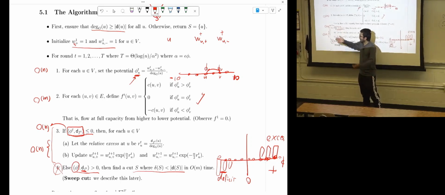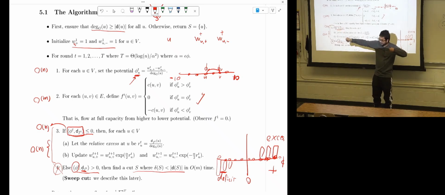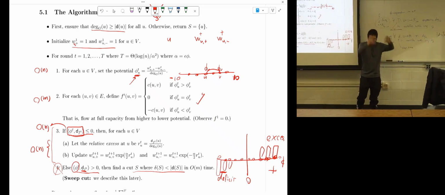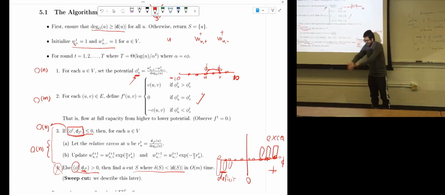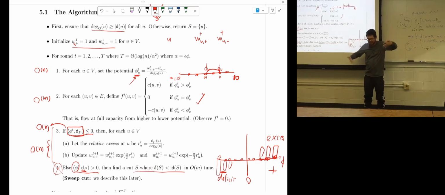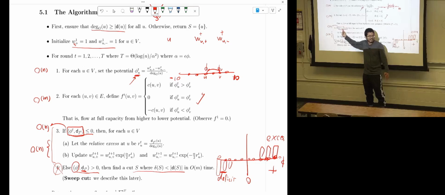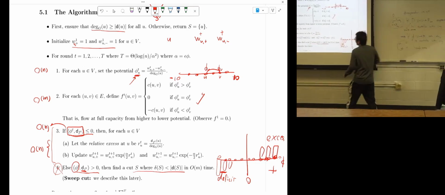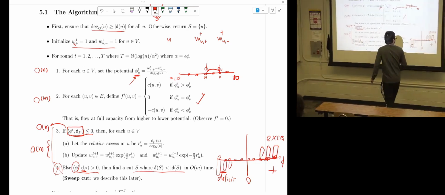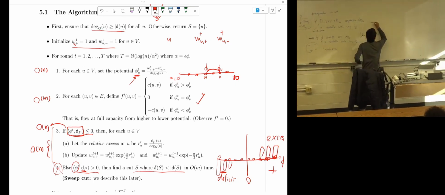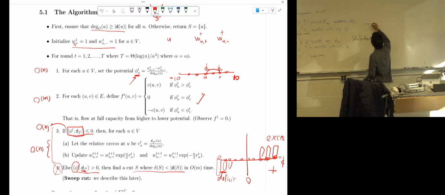And then what we check next is this thing. It checks, when you sort vertices into a line, whether there is a lot of excess and a lot of deficit on opposite sides. I draw it: you put vertices into a line according to the potential.